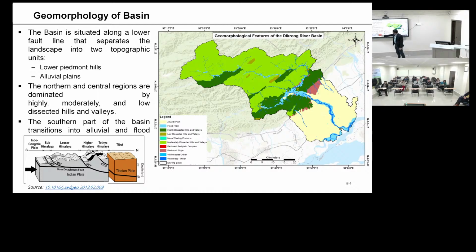The basin lies somewhere between the MBT and extends to the alluvial plains. These are alluvial plains, the MBT passes from here, and then the Himalayan Frontal Thrust crosses from here. So you see why the basin goes from hilly terrain to totally plains.